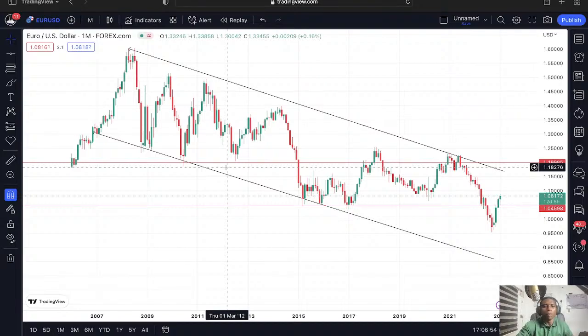So here we're trying to map out levels of support and resistance.